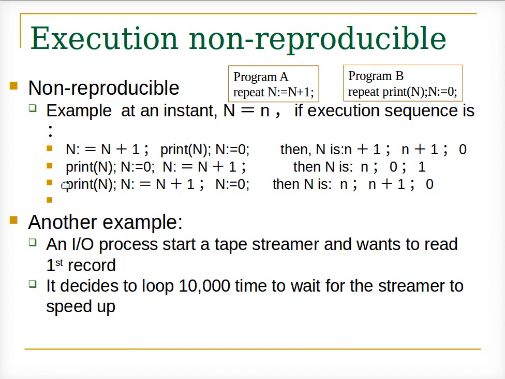The final scenario is when we have the instructions from program A interwoven with the instructions from program B. So we will take the first instruction from program B, then the first instruction from program A, then the second instruction from program B. You can see here, if we have one shared variable n between two processes as a shared memory, we really have to protect this memory so it is consistent.